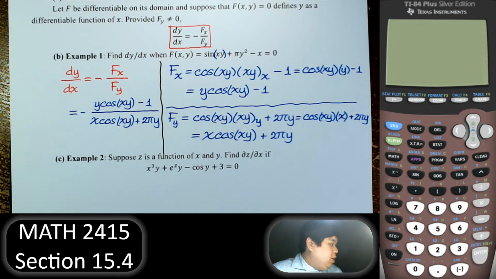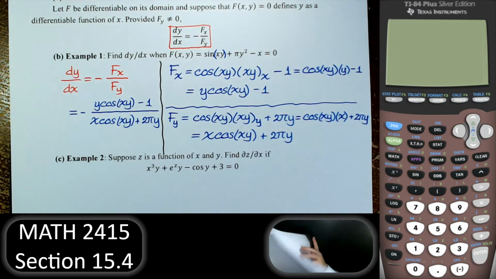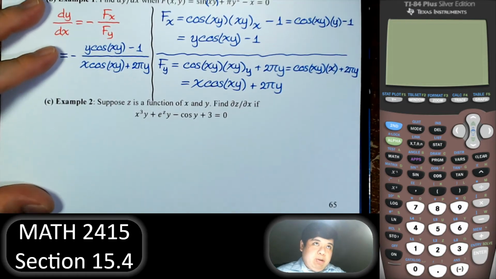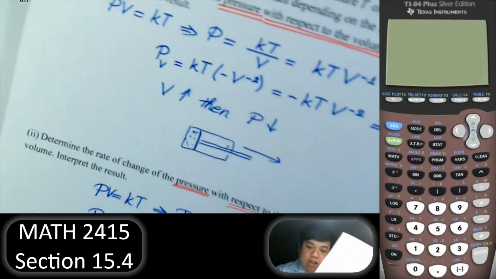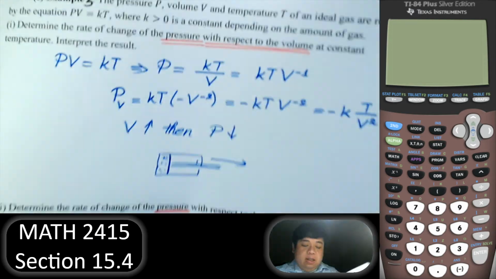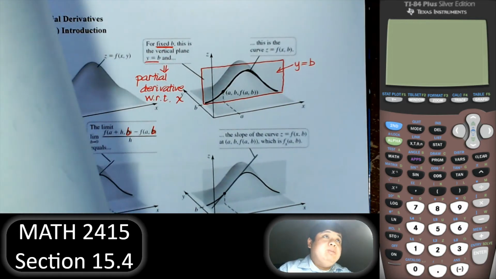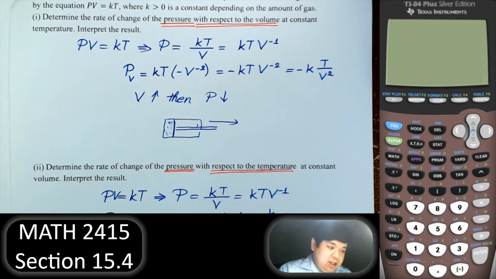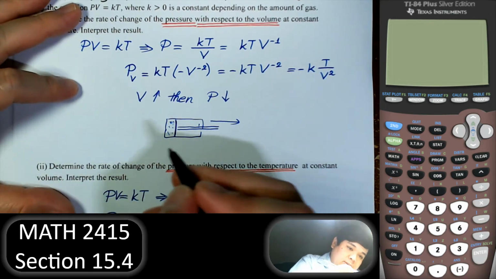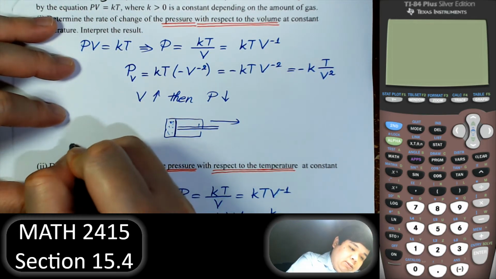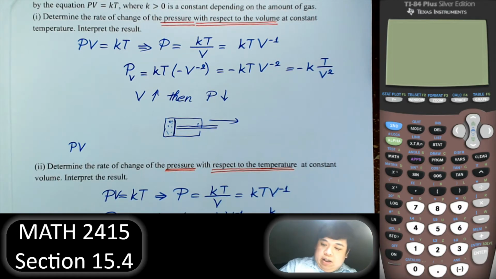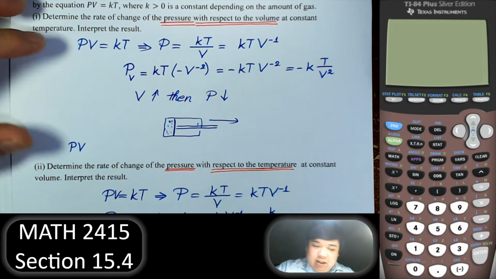Nice enough, right? Before we go to the next example, I just want to go back to the previous section. I remember the application about the ideal gas. This is on page 63, section 15.3, previous section. So if we have PV equal to KT, now we do it differently, so let's use a different color.